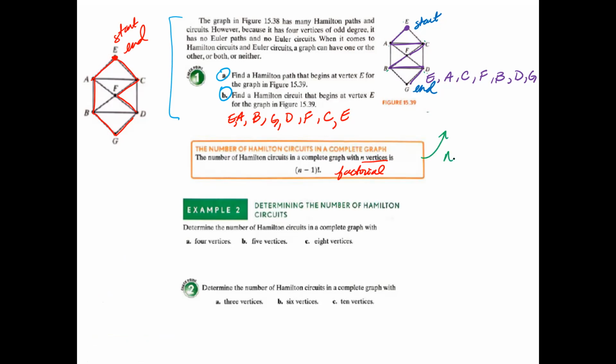From the above example, n equals 7 vertices. If I plug it in here, 7 minus 1 factorial is the same thing as 6 factorial, which means 6 times 5 times 4 times 3 times 2 times 1. Grab your calculator, and this is going to give you 720.